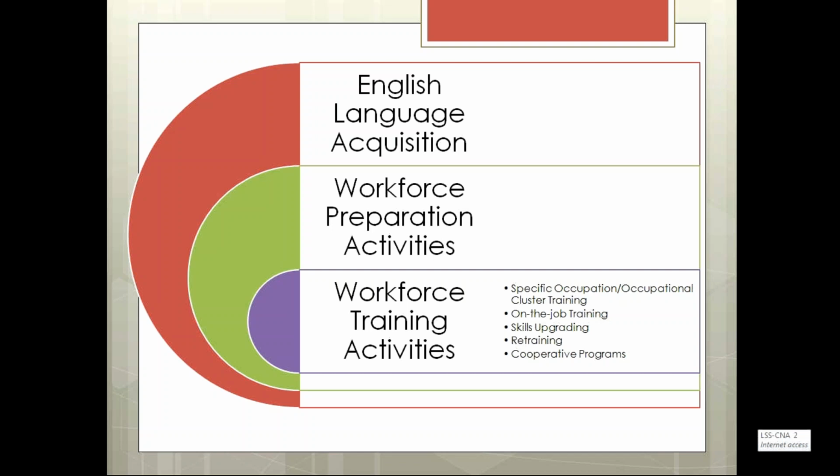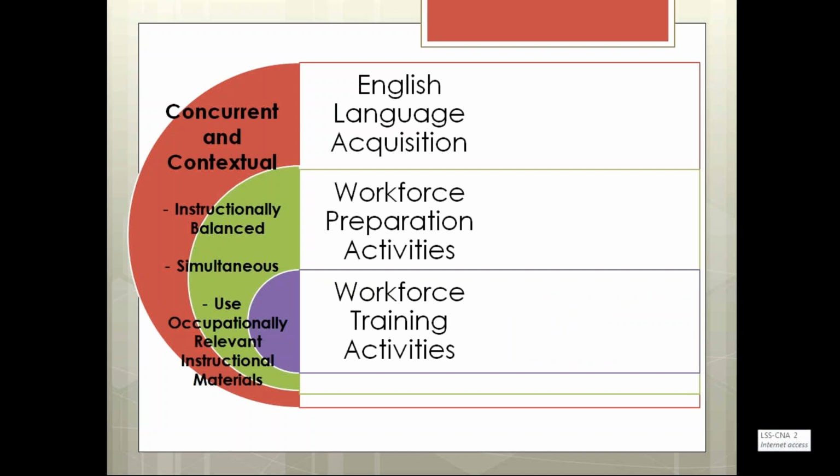So it's interesting. Can we unpack a little bit the term concurrent as it relates to integrated education and training, that adult ed and literacy activities provide concurrent and contextual instruction with workforce prep? That doesn't necessarily mean that they have to be team taught, right?